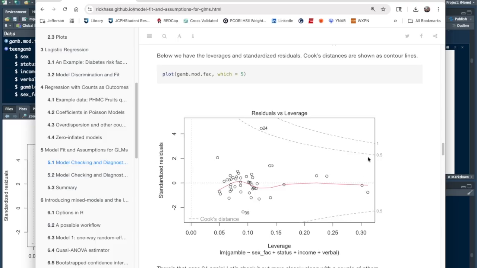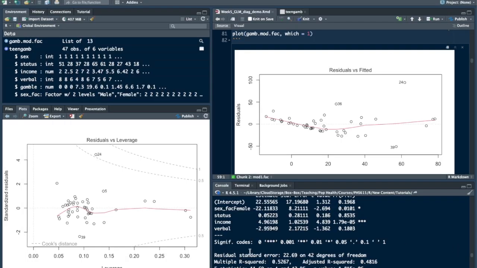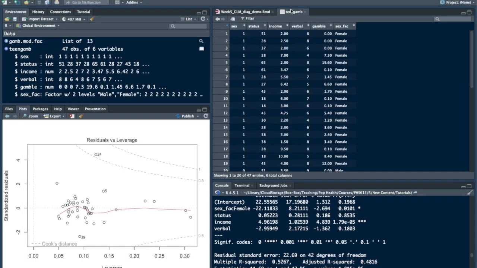So this actually is not telling me anything really that bad. The only issue here might be row 24 in the data set. Let's go ahead and take a look at row 24. Here, this person clearly has among the highest gambling expenditures.